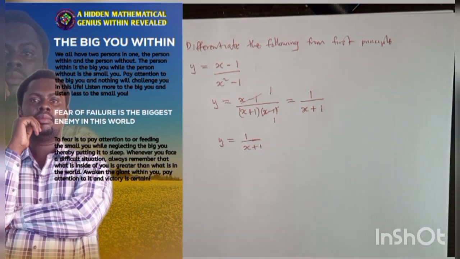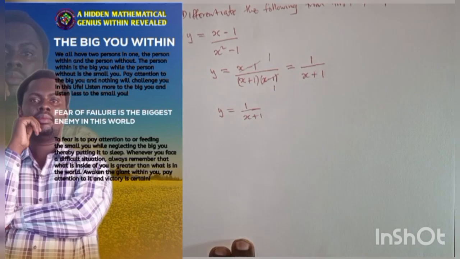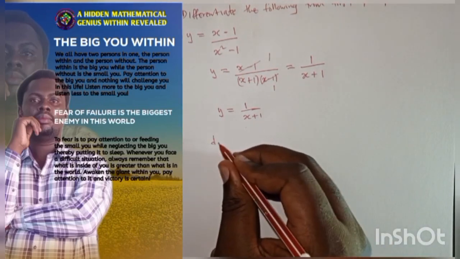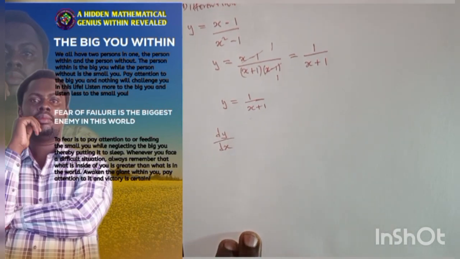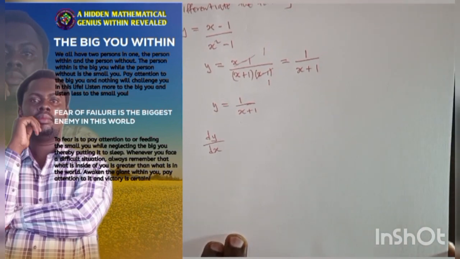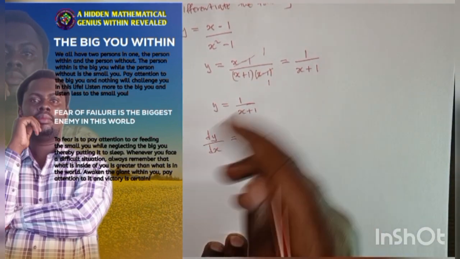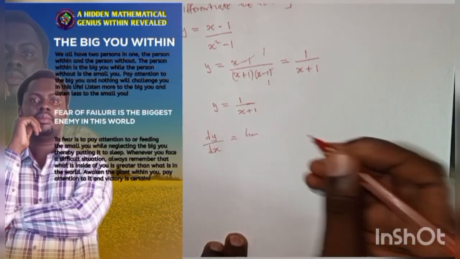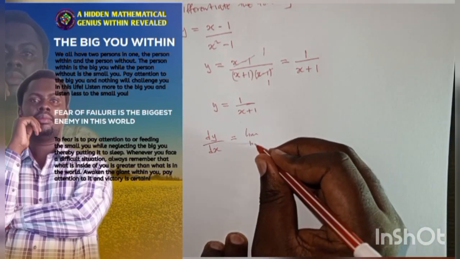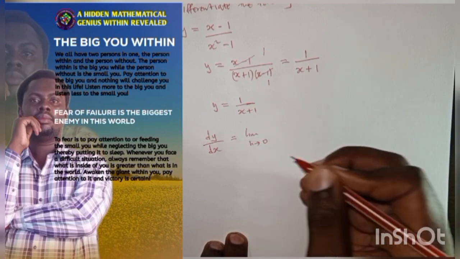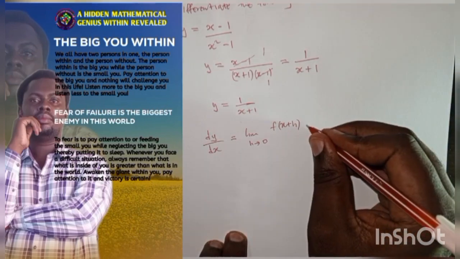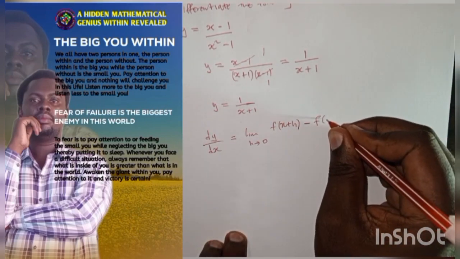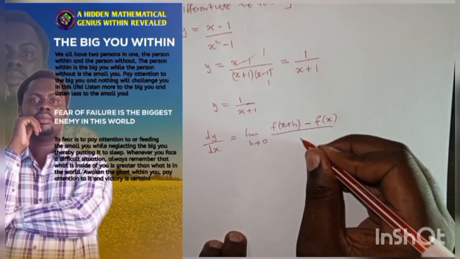The formula for differentiation from first principle is given as, say, the derivative of y with respect to x: dy/dx is equal to the limit as h approaches 0 of (f of x plus h minus f of x) over h.